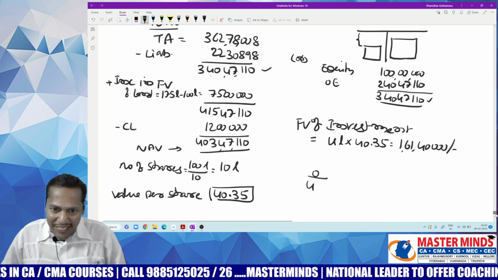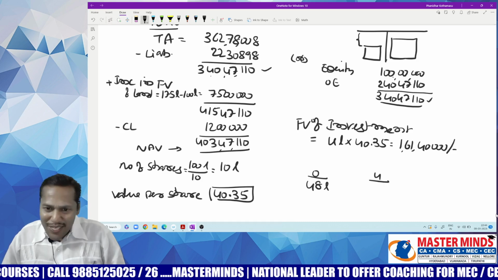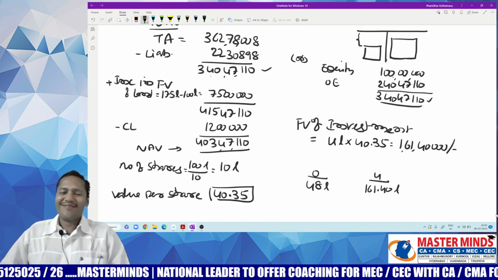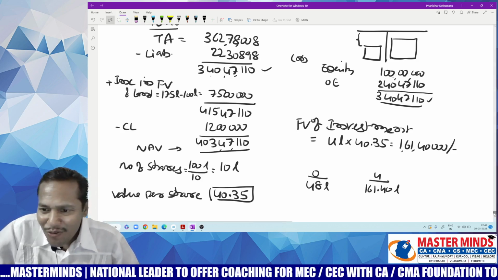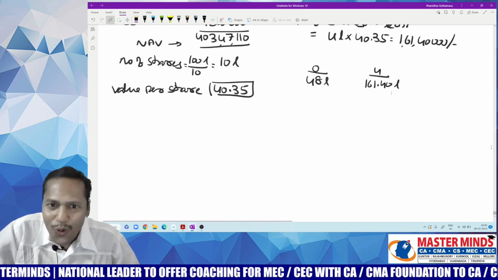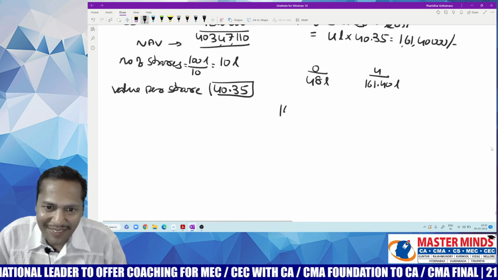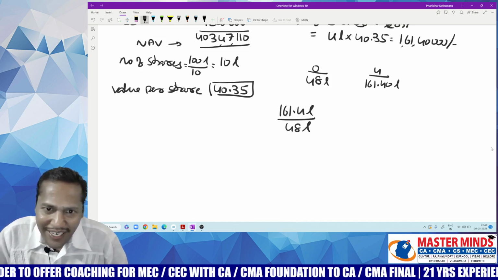Initially, Panda Limited has invested 48 lakhs. This has grown to 161.4 lakhs over a period of 4 years. Now the desired compounding factor: 161.4 lakhs divided by 48 lakhs.